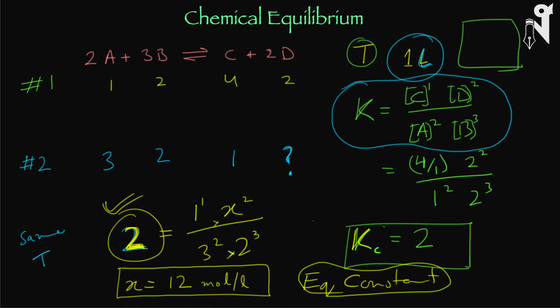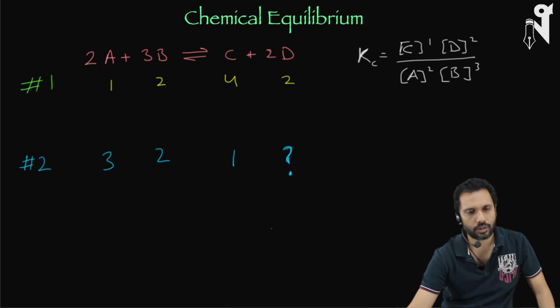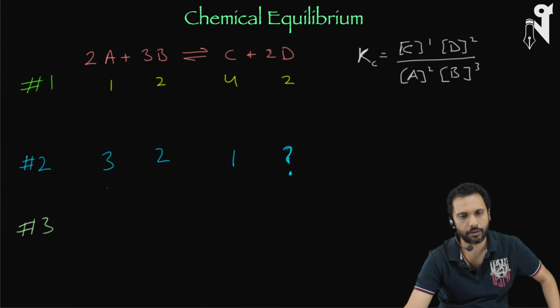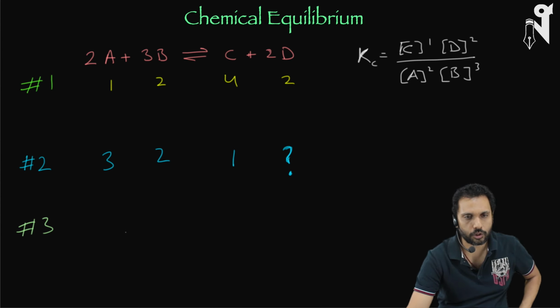So I hope you got a basic idea of how to use K value. Let us just increase the level of questions a bit. In fact, let me ask another question on the same concept, on the same equilibrium, to have our concepts rooted well.